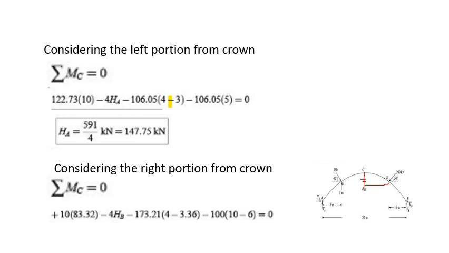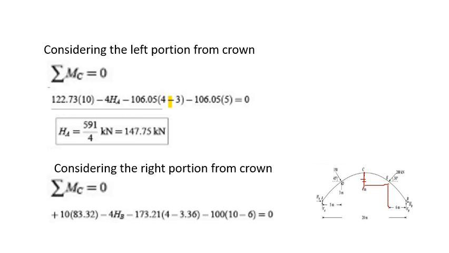This height would be 4 minus 3.36. So 4 minus 3.36 gives us the distance of the horizontal component of the 200 kilonewton force. So next is the vertical component of the 200 kilonewton force, that is 200 sine 30, that is nothing but 100, into 10 minus 6.